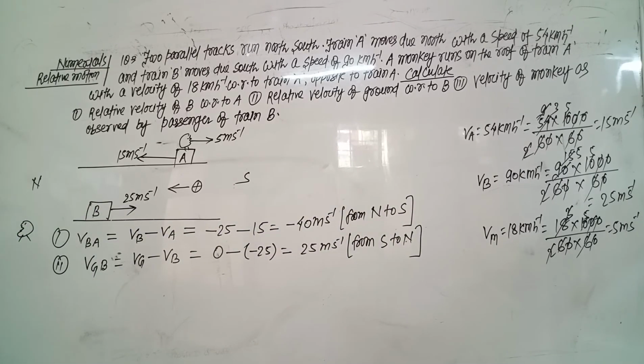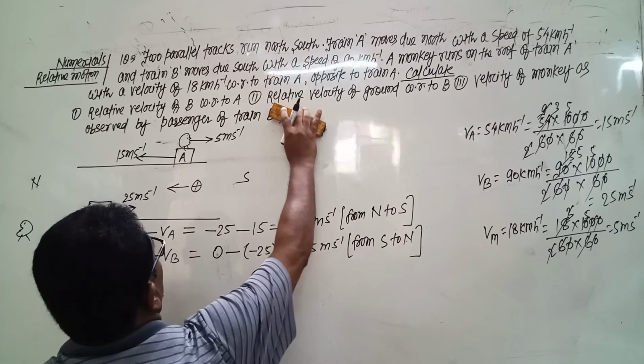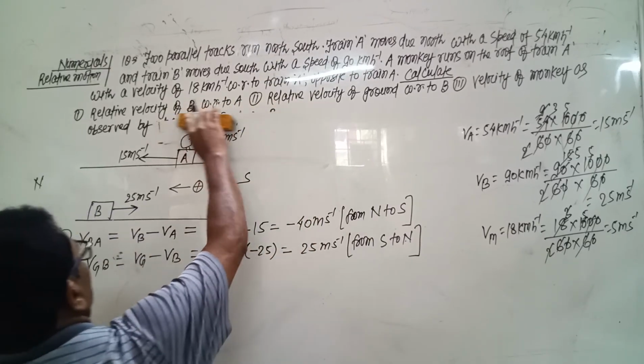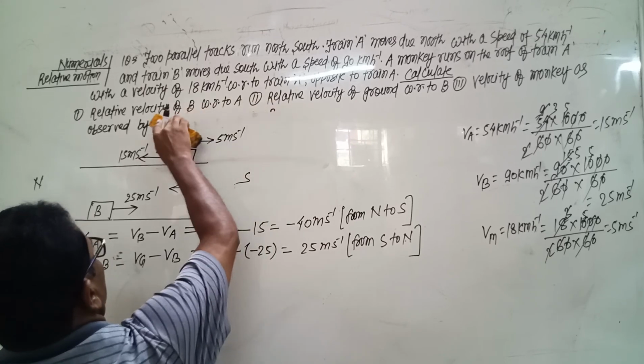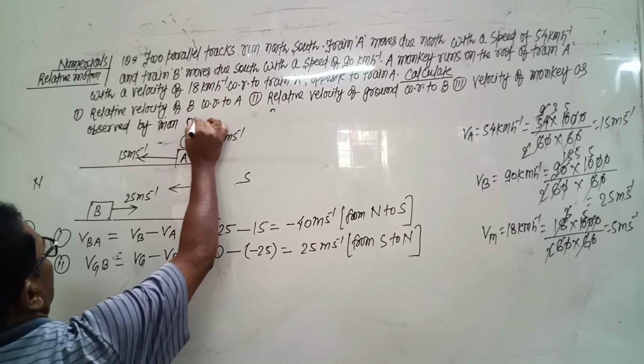Now, third part, we have to calculate the velocity of monkey as observed by a man standing on the ground.